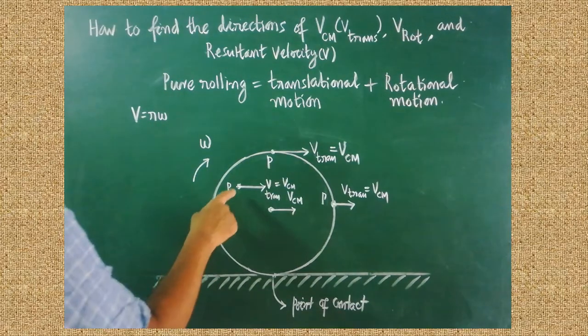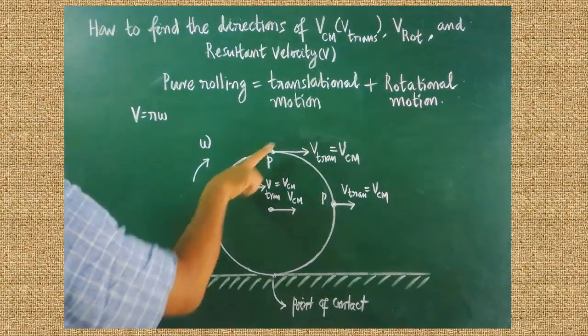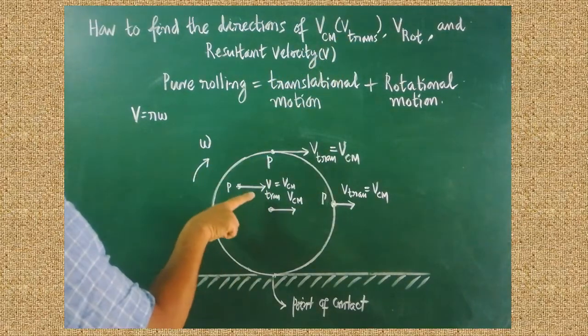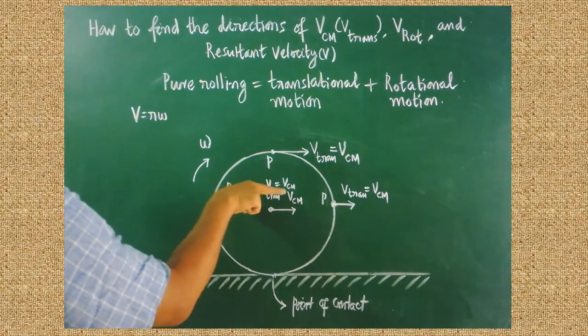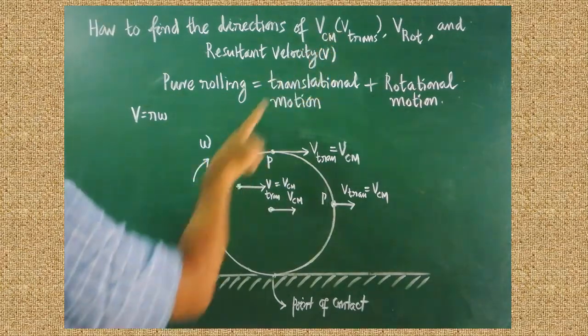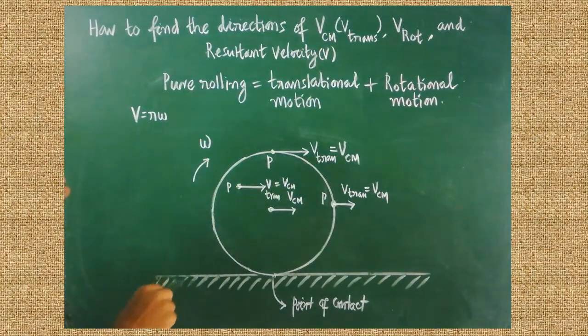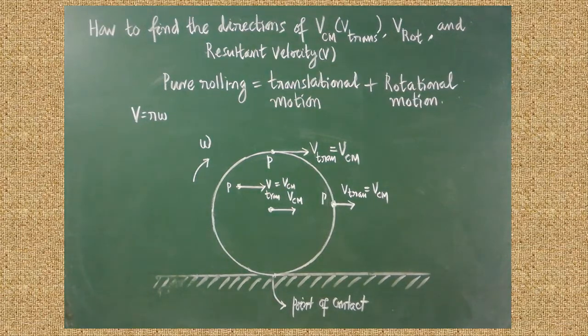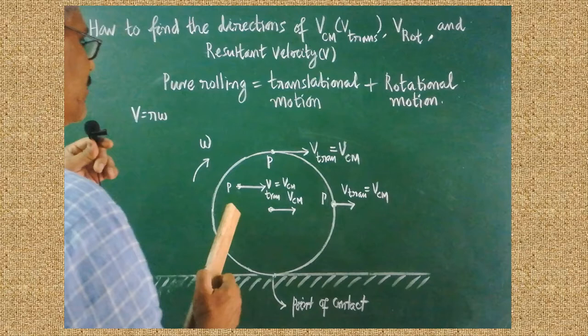Now, I am going to tell you in which direction that V rotation is acting. V translation has a direction, and like that, V rotation also has some direction. For that, I am going to use the scale. With the help of the scale, I am going to draw the direction of V rotation.